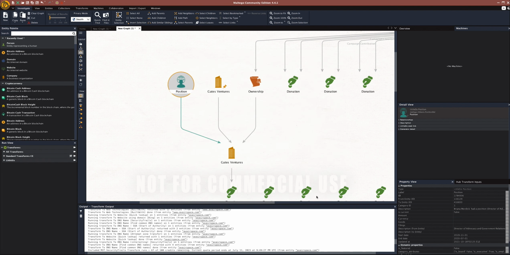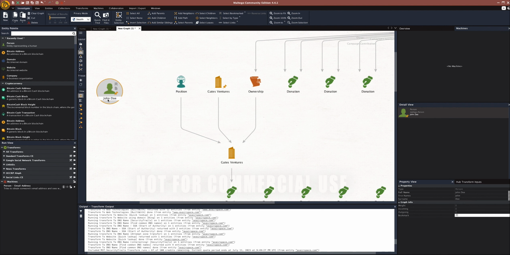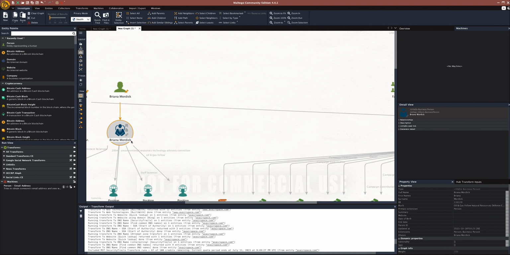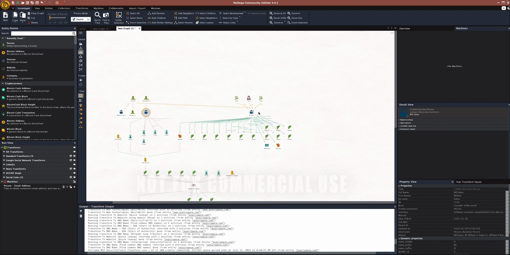If you're really investigating something, you'd probably say, well, this person holds a pretty significant position in Gates Ventures. So let's take a look at that. I know I'm going down a big rabbit hole here, but it's actually quite entertaining.